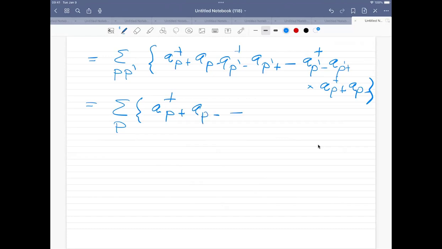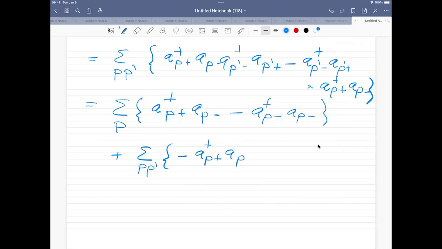And then the second term, when I interchange the operators and get the Kronecker delta, I'm going to get a_p minus a_p minus. And then there's going to be a new term, which goes like p prime, and this is going to have a minus, a_p plus.